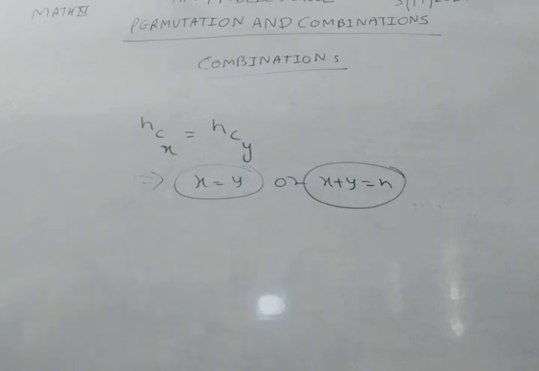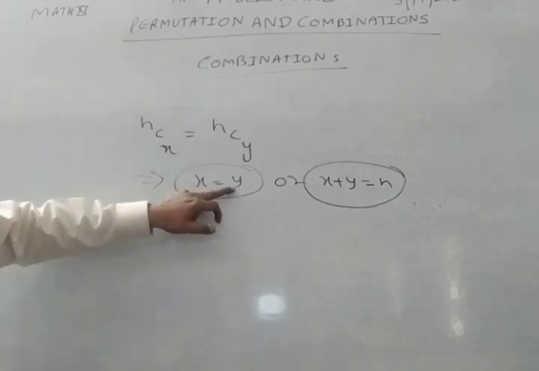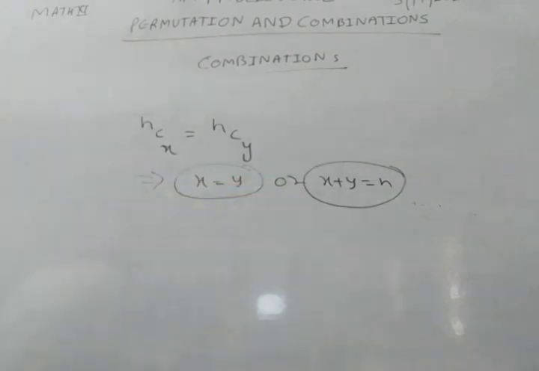If we are given nCx equal to nCy, where x and y are non-negative integers, then x equals y, or x plus y equals n.